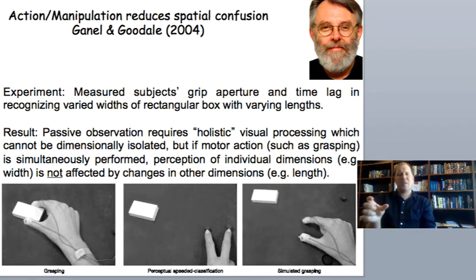By touching the dimensions of one side of the box, when the other side of the box changes in length, why is it that touching one dimension gives us additional sensory input to our vision that makes it easier for us to determine other dimensions than the one we're touching? And yet that is the case. Very interesting experiment done by Ganel and Goodale in 2004.